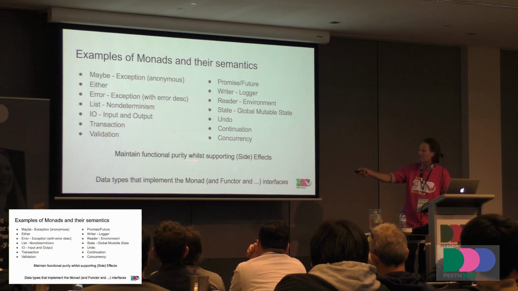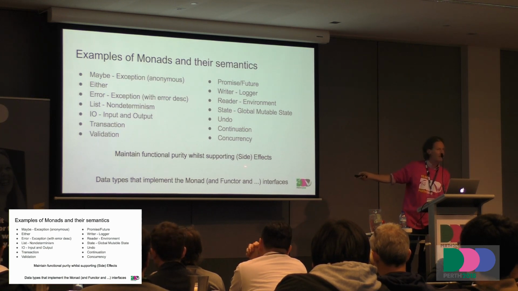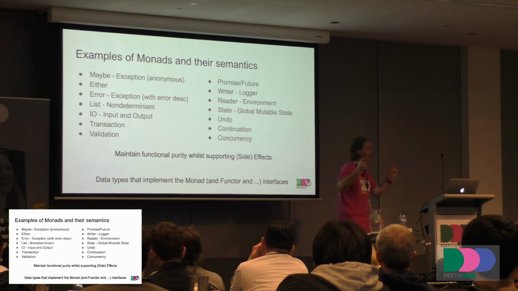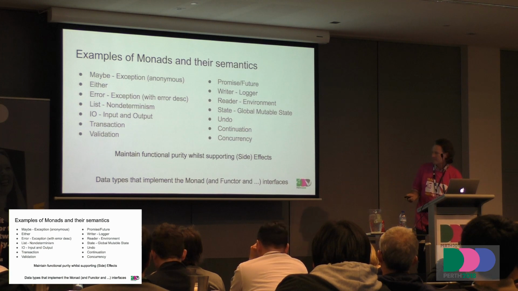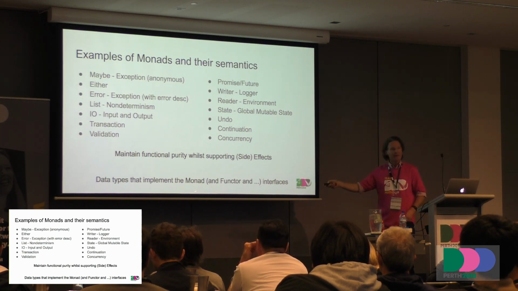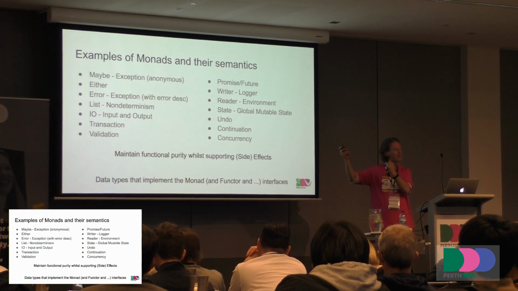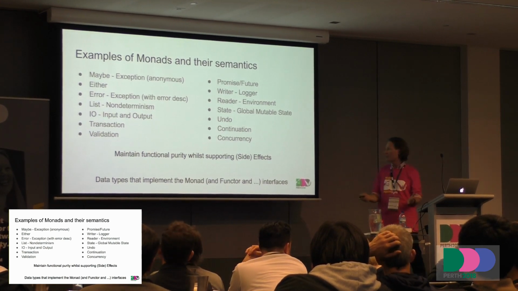We maintain functional purity while supporting these side effects. And it's not just side effects, some of these are just useful effects we want to do, like concurrency and so forth. Remember again, these are just data types that implement the monad, which means they implement the functor and the monad type classes. They define the function fmap and define the function bind.